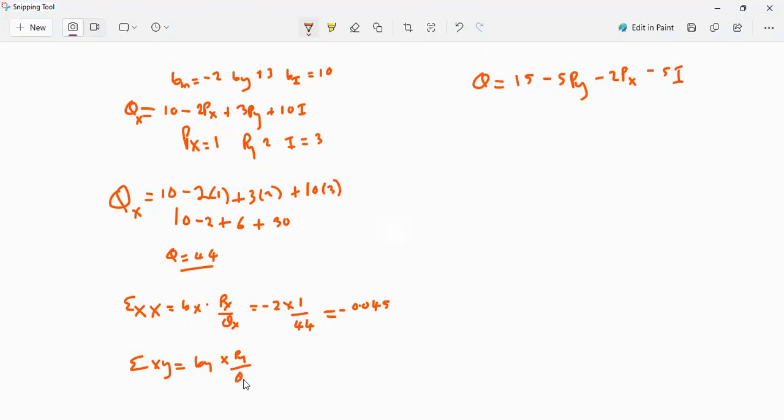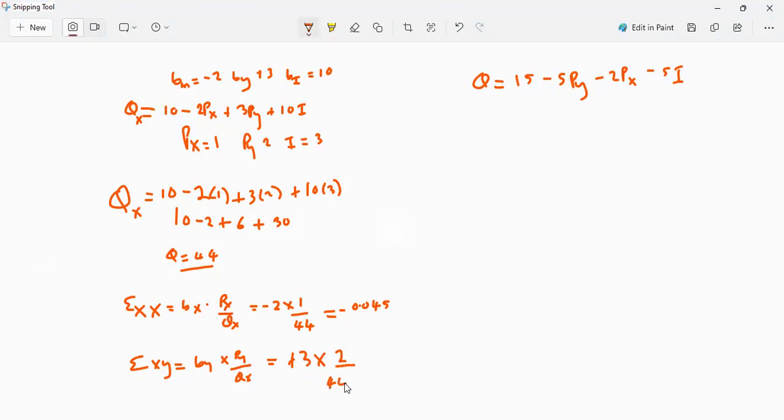Then we go to cross elasticity, from good x to good y. So the gradient for good y is positive 3. And what was the price of y? 2 kwacha. And the quantity was 44.